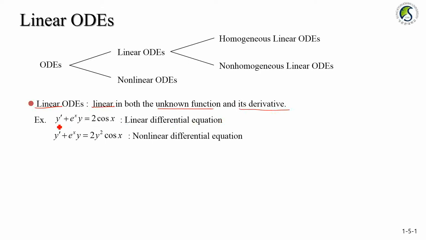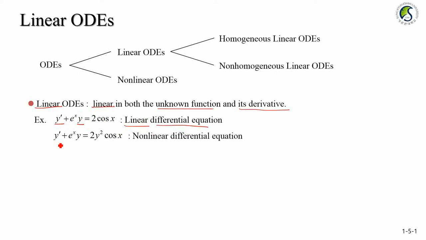For example, y prime, the first derivative, plus e to the x y is 2 times cosine x. So it's linear in y prime and y. There's no square term or cube term. That's why it's linear in a differential equation.